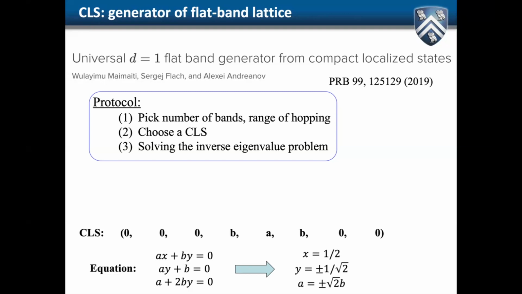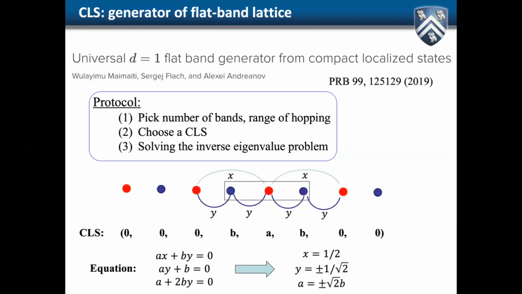This is a very simple example I show here. Basically, you choose some compact states and use the idea of destructive interference to show that they are eigenstates of the Hamiltonian. This is a simple 1D example. It's the inverse problem: you can find a parent Hamiltonian that supports that.